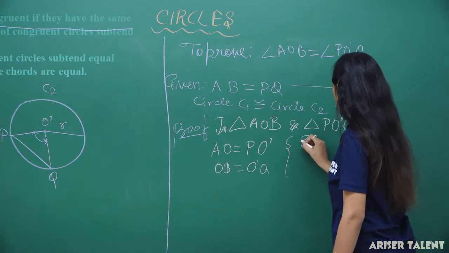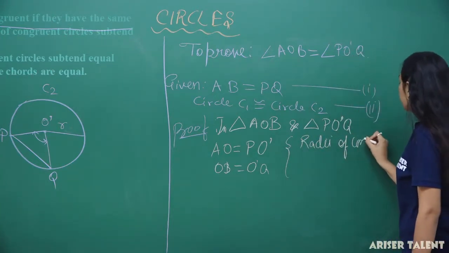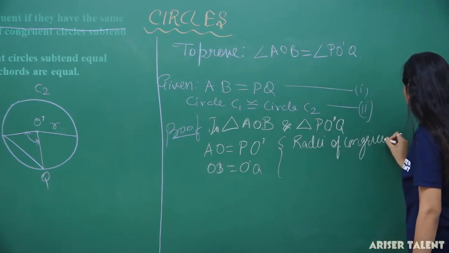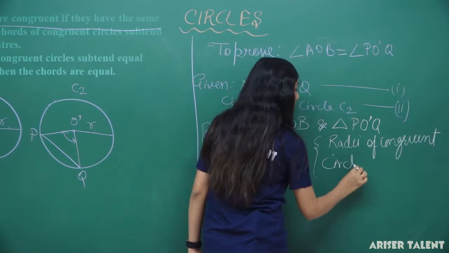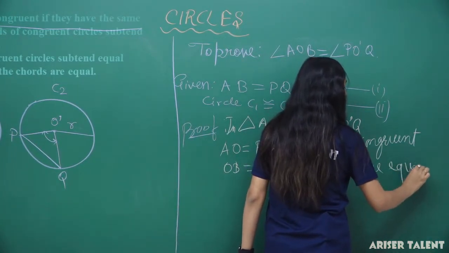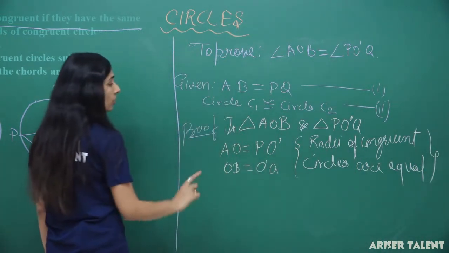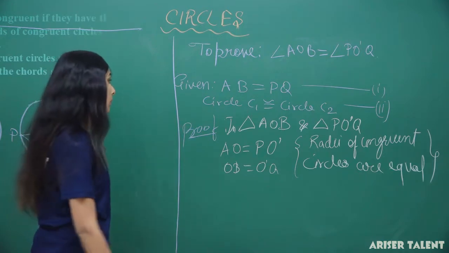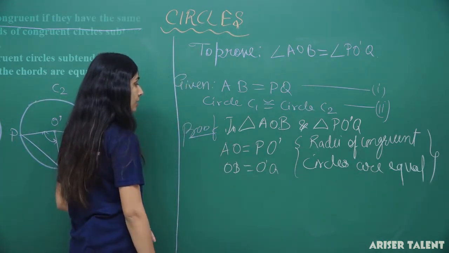Because radii of congruent circles are equal. Simple. That means we have two sides equal here, right?